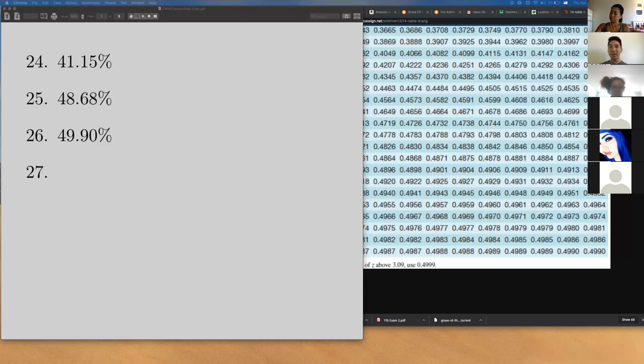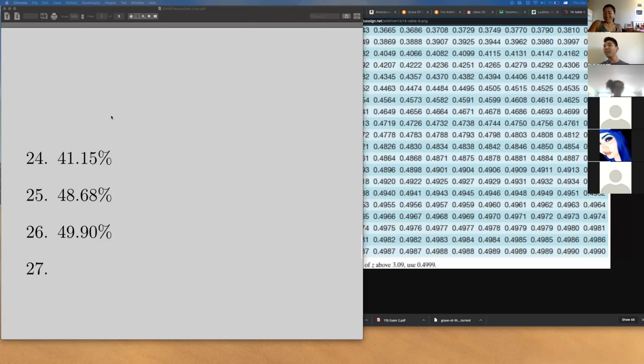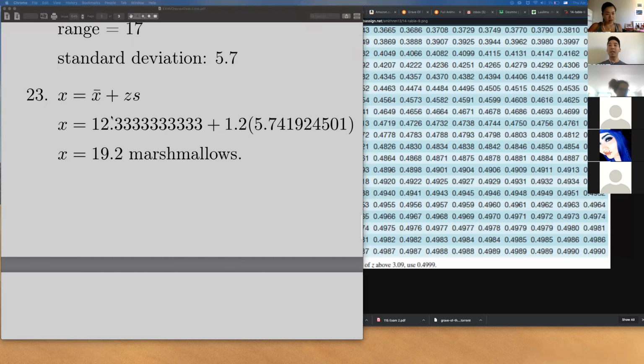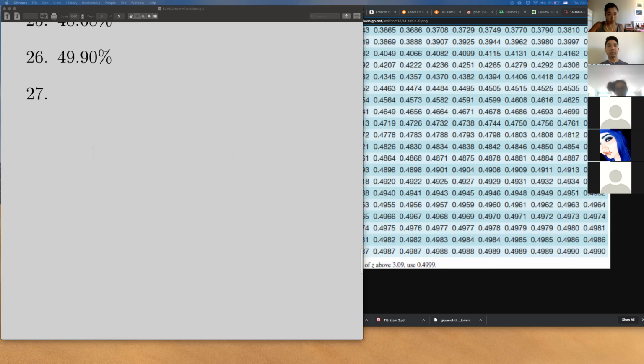Okay. Anyways, number 27, last one. This is just like number 23. It's the value: the mean plus standard deviations times s. So our mean is 8.4. z is negative 2.2.